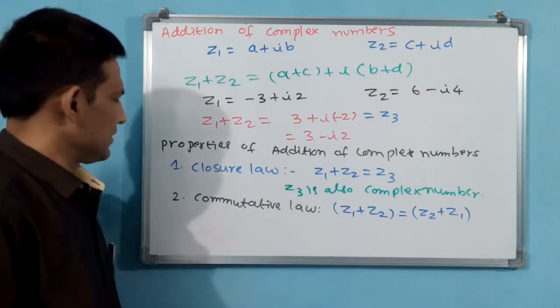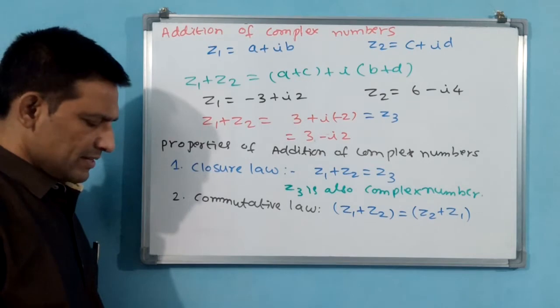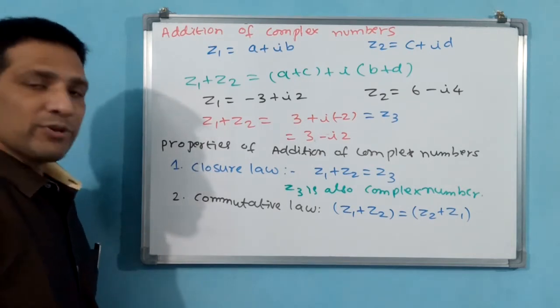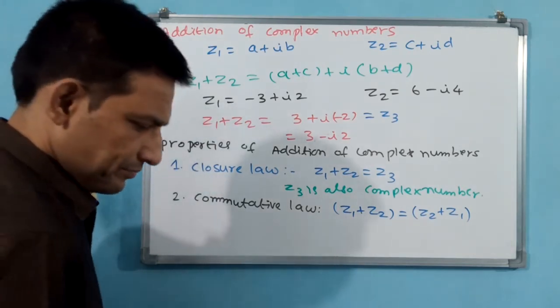Okay. After commutative, what is the third law? Third law is associative law.